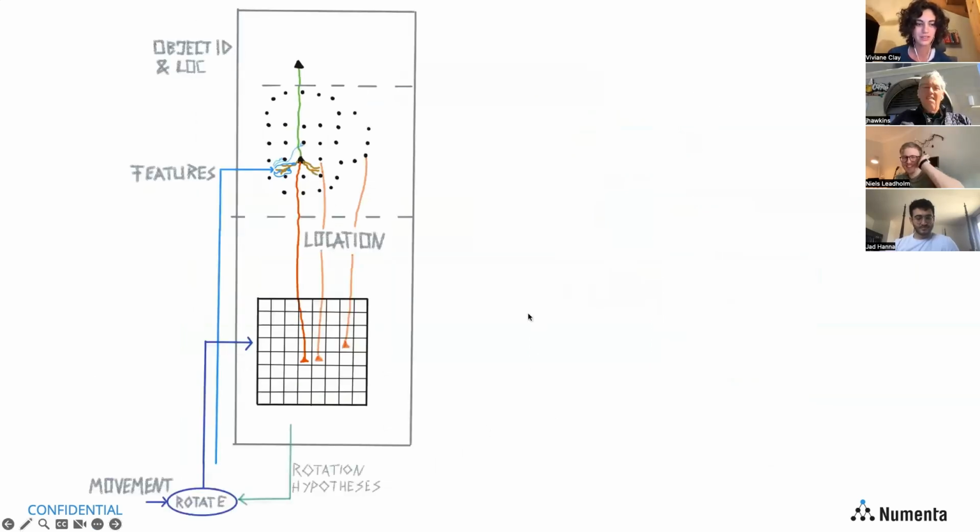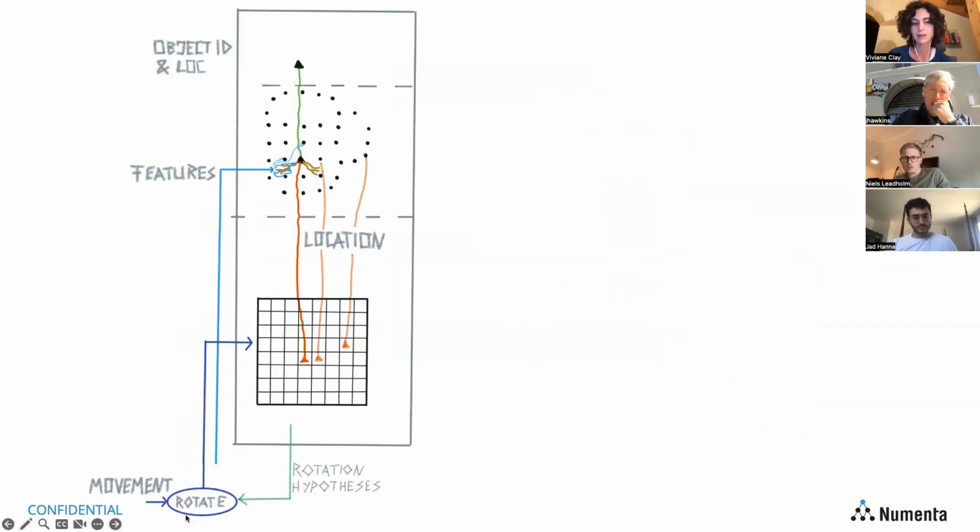So basically, one thing related to what we do in the code as well is that we have certain rotation hypotheses for the object, and we need to use these rotation hypotheses to transform the movement that we get in body-centric coordinates into the object's reference frame.